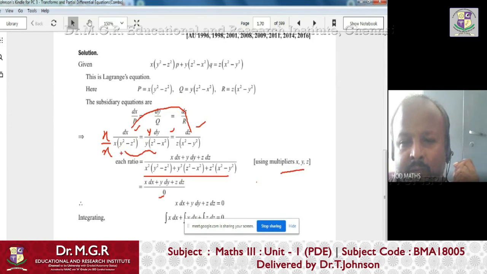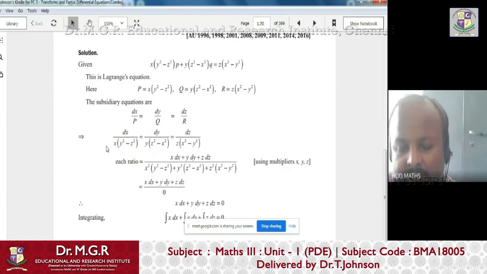For example, if you multiply x in the numerator and denominator of the first term, y in the second term and z in the third term, then this term becomes x and this term becomes x square. Similarly, this term becomes y, and this becomes z and this becomes z square. Now you see x square into y square is there, minus x square into y square is there.